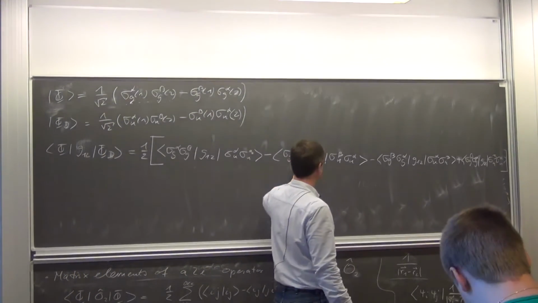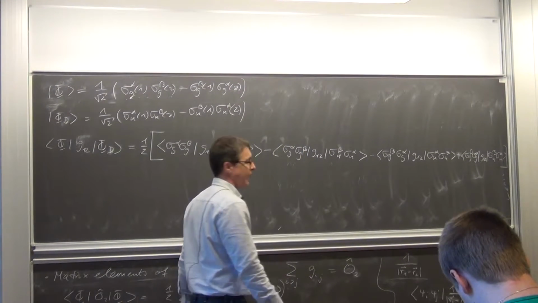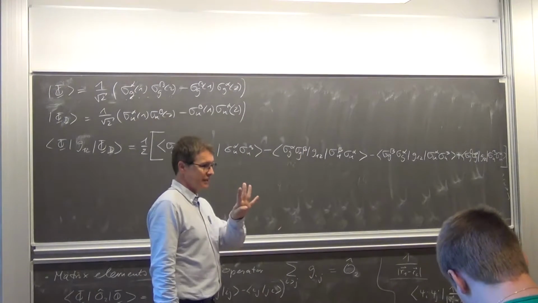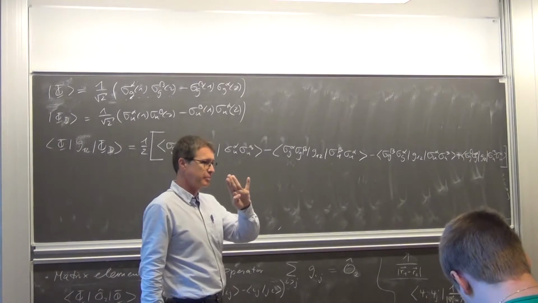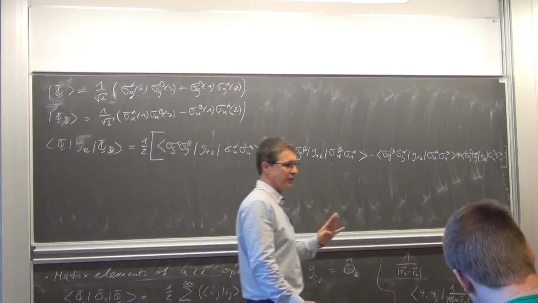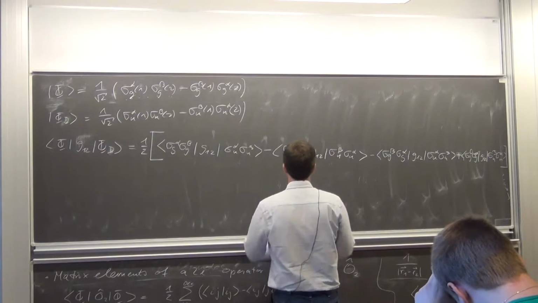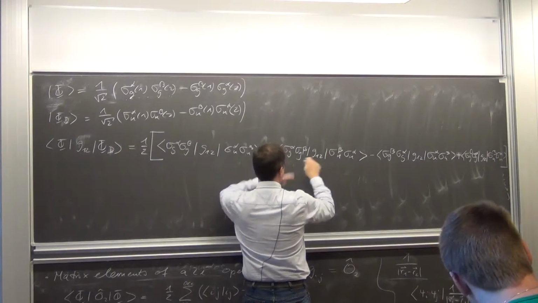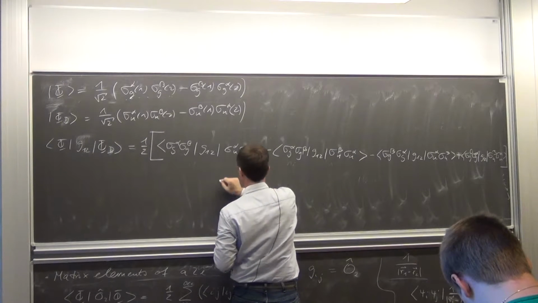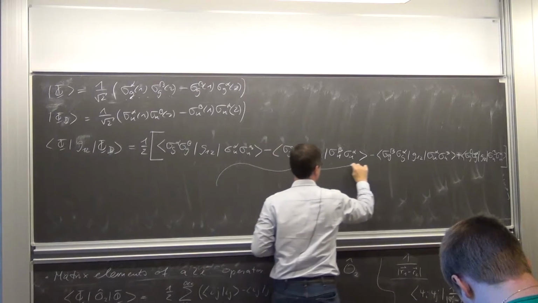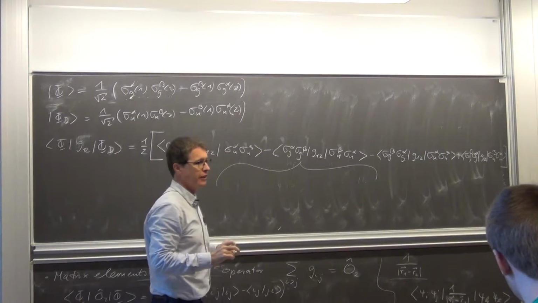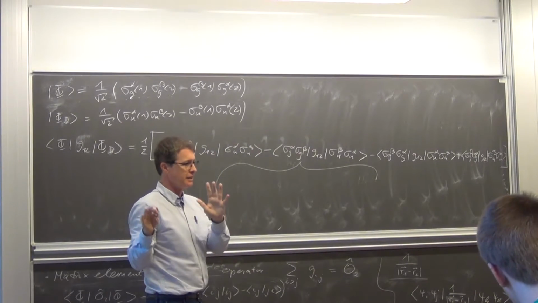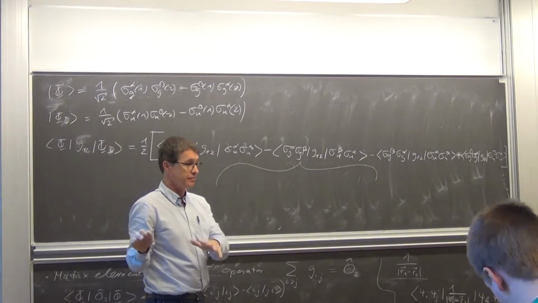Let's look at this one first. I have to integrate over 4 coordinates, 3 spatial coordinates and the spin coordinate. Let's look at the spin coordinate first. Electron 1 has alpha spin, because if I do that, I can split that up now into a spatial integral and a spin integral.